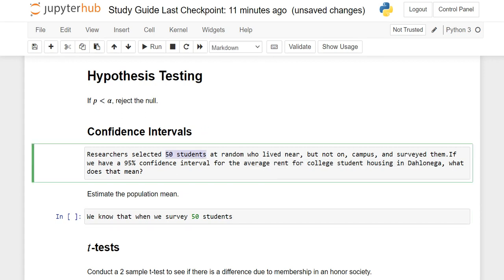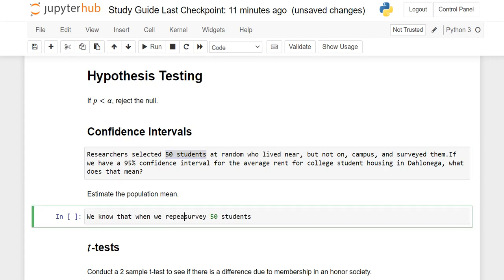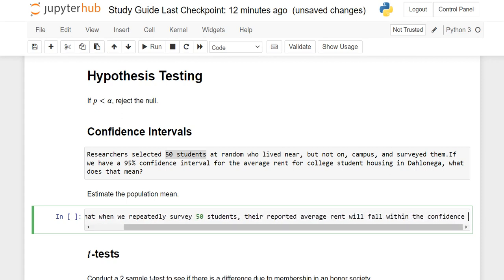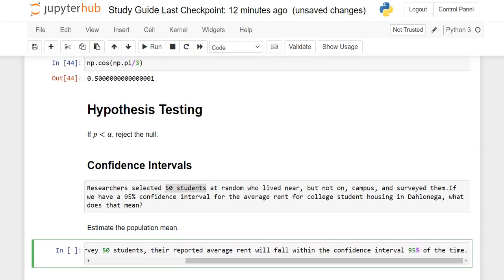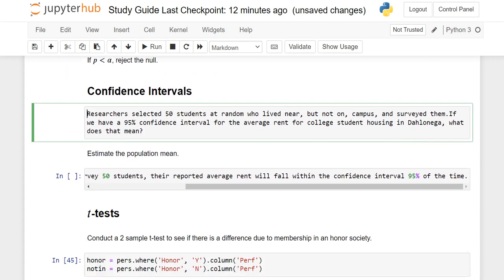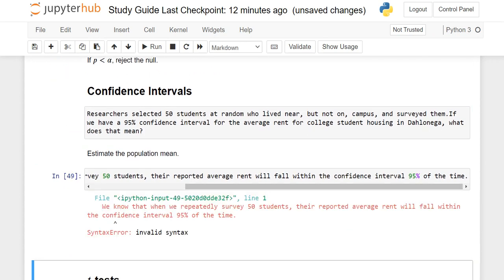So when we do this repeatedly, many times, so we know that when we repeatedly survey 50 students, their reported average rent will fall within the confidence interval 95% of the time. Okay, so let me make sure that that's in markdown mode so it will type out nicely. Sorry, it's still in code. There we go, markdown mode.